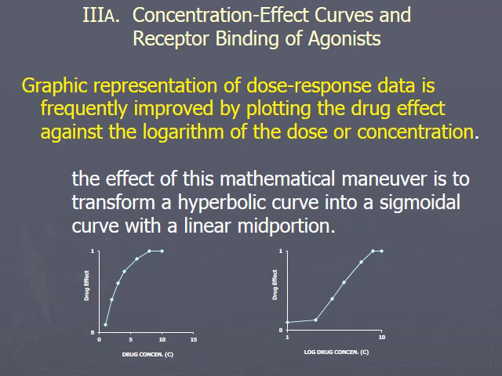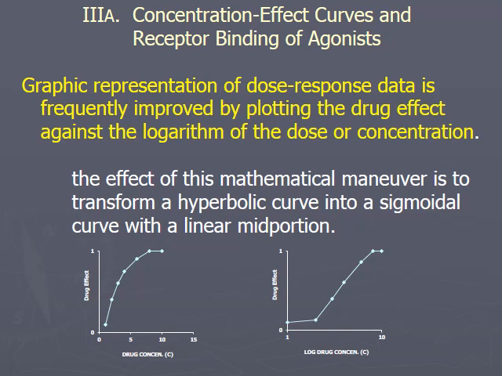Now, if you look at this slide, you have two graphs of the same thing. So why do the shapes look different if it's the same thing? Well, the panel on the bottom left is the linear scale. The x-axis is on a linear scale, the y-axis is on a linear scale, and we have a hyperbolic function for concentration versus effect.